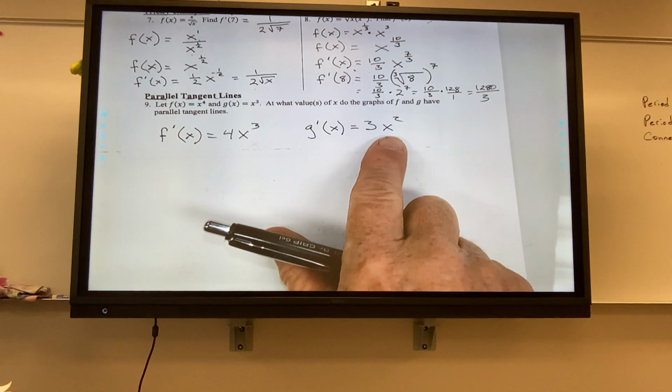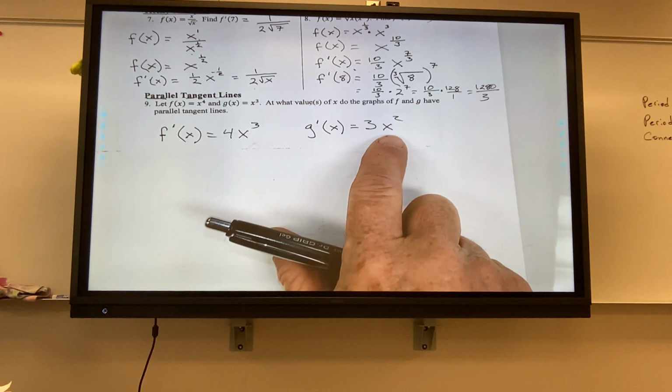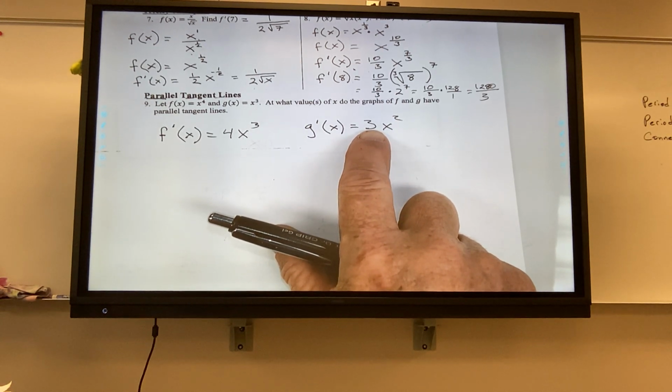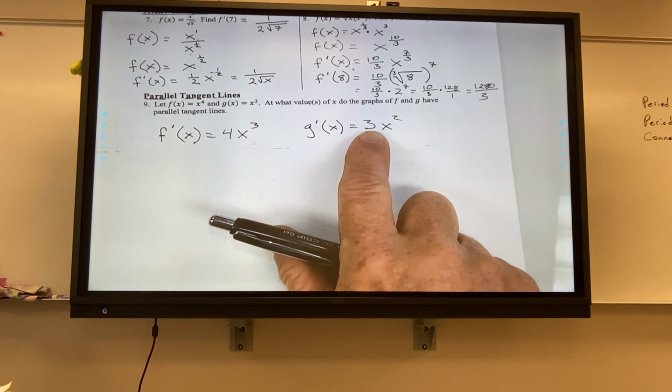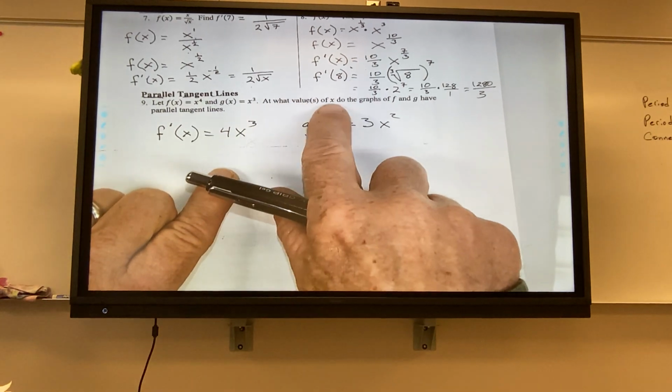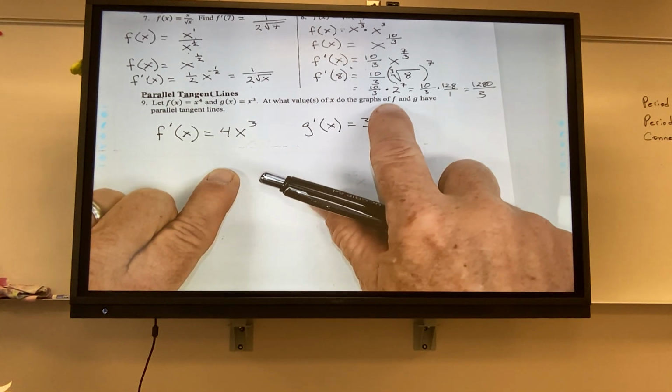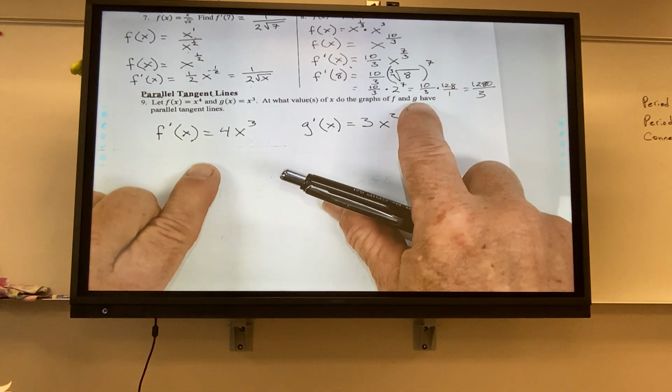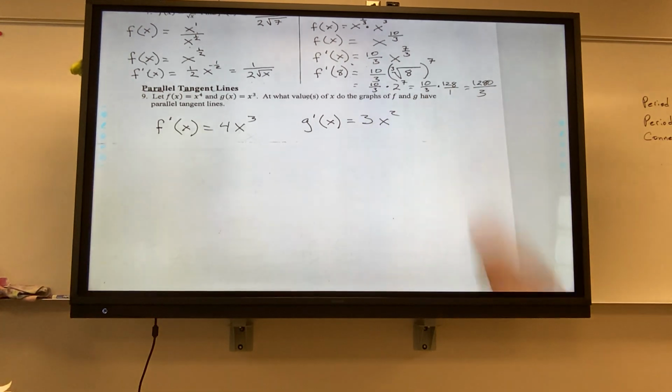This is what I would have to do. If it was at 1, I'd have to plug a 1 in here. Okay? Now, it says, at what values of x do the graphs of f and g have parallel tangent lines? What should I do?